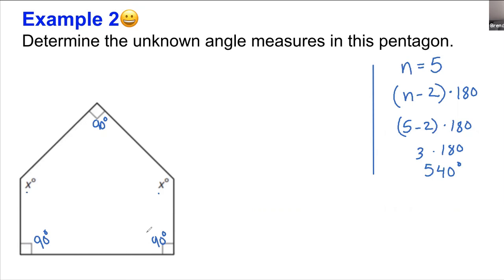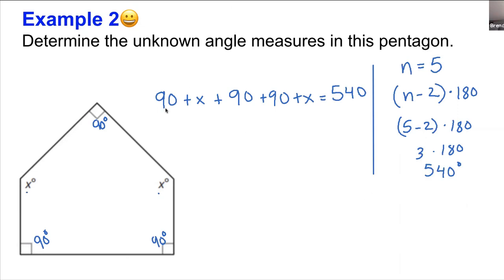All right, so let's create that formula. Let's see, I'm going to start from the top: 90 plus x plus 90 plus 90. And the last angle that we have there is x, equals 540. From here, we can simplify by combining like terms.